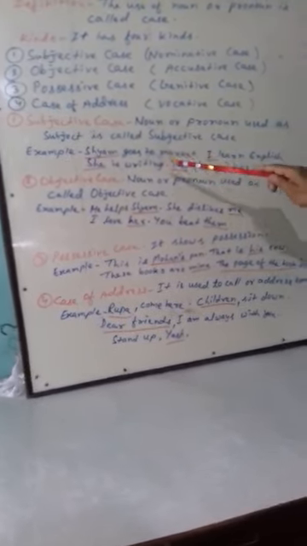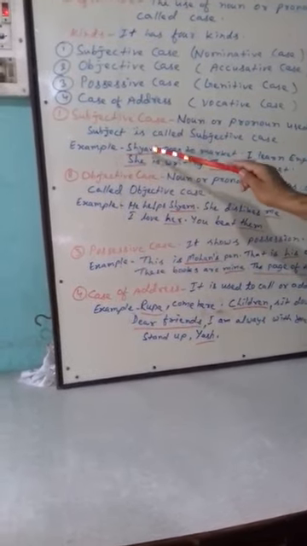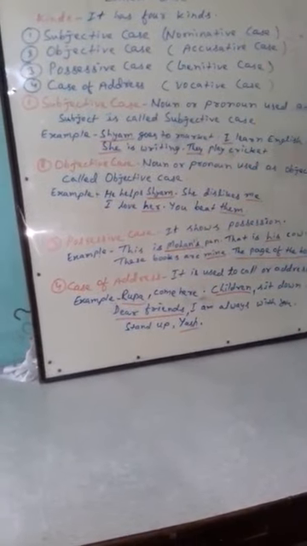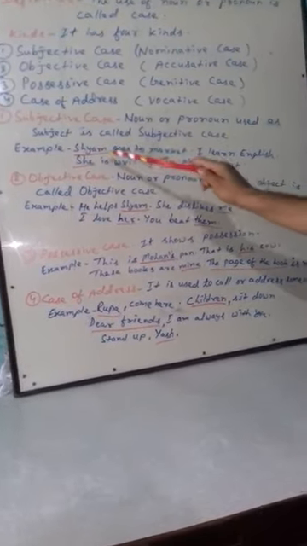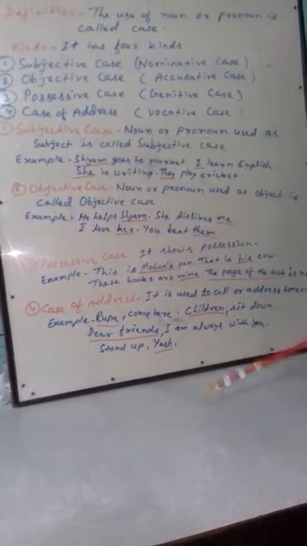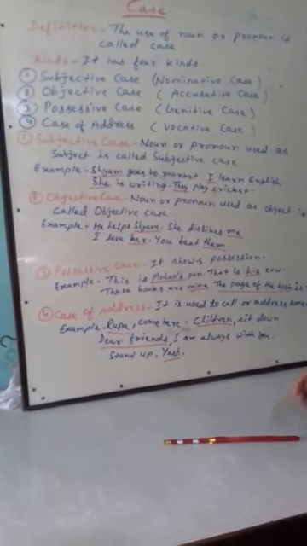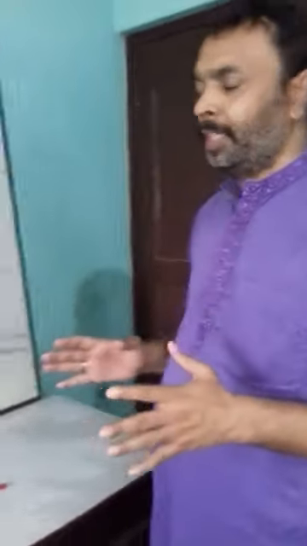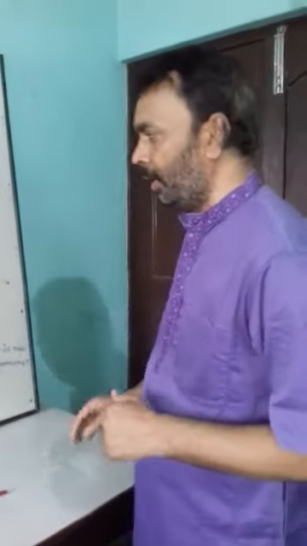So the case of they is subjective here. So Shyam, I, she and they are in subjective case because these words are the subject of a sentence. There are some more pronouns which are used as subject, like we, you, it, and all nouns can be used as subject. There is no problem in it.